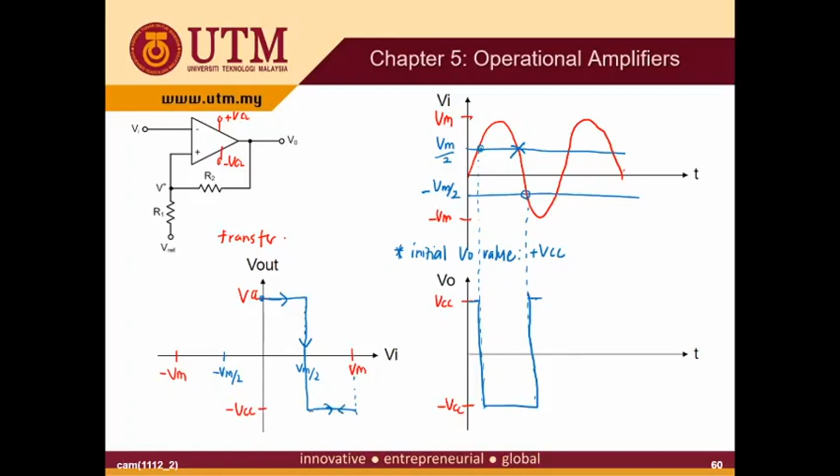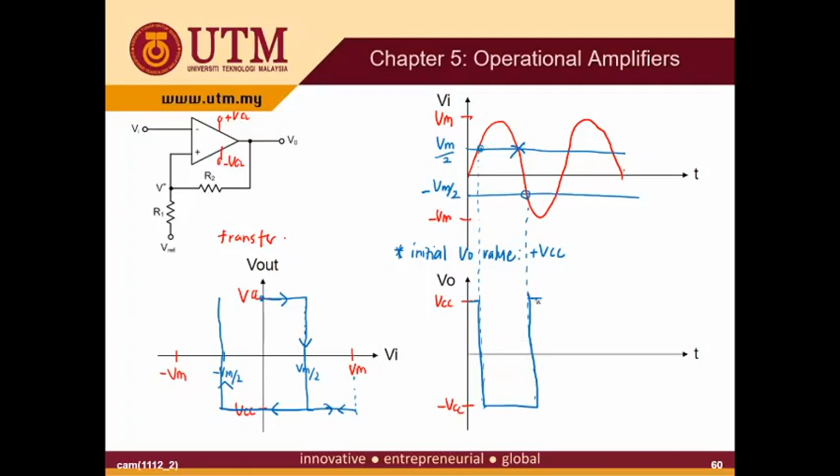When it reverses, it will not switch to the plus VCC at Vm/2, but instead it will go back to 0, input is 0, and then it will only switch back when it reaches the minus Vm/2. Okay, so this is the transfer characteristic.